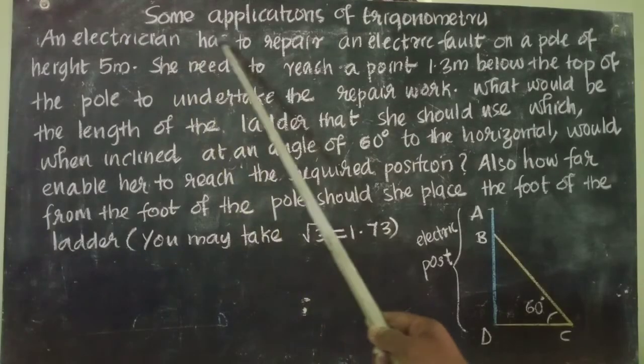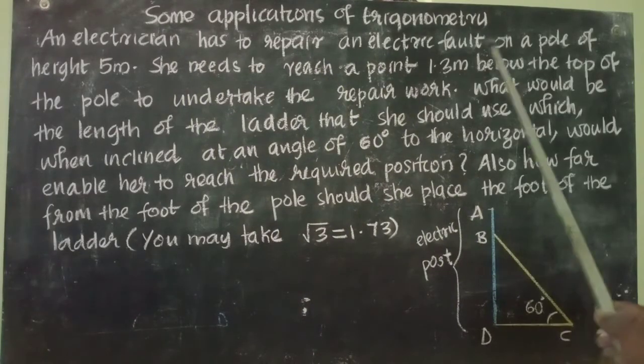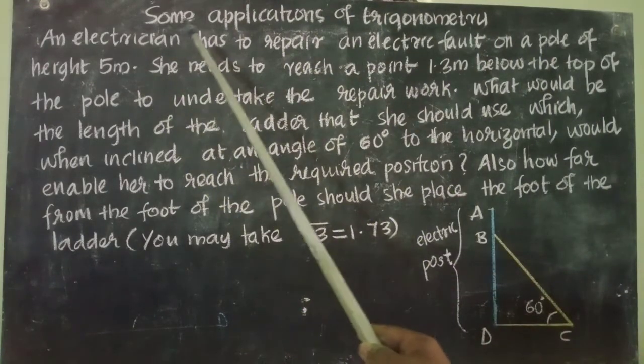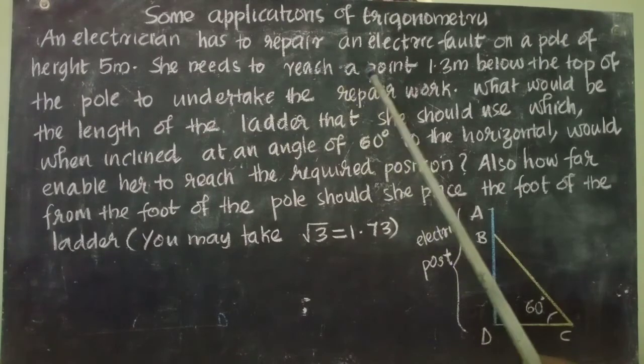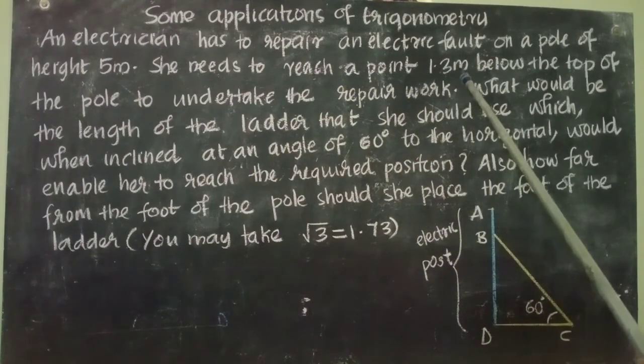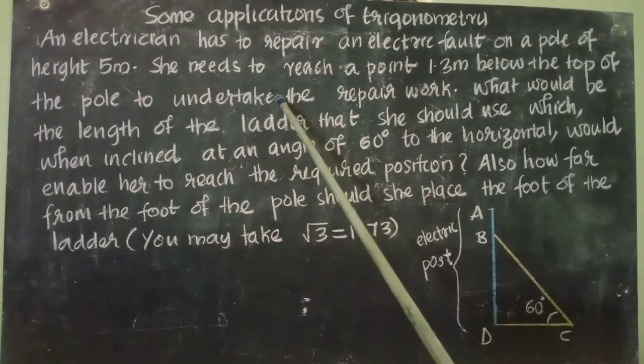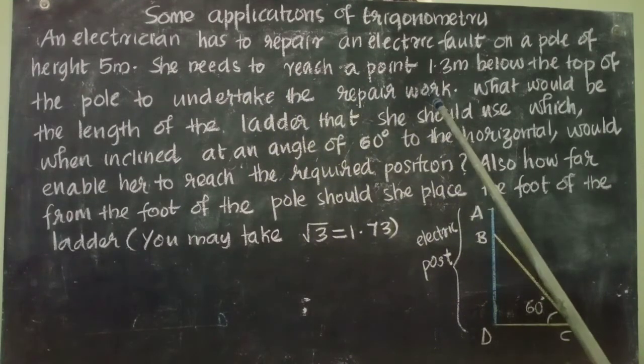An electrician has to repair an electric fault on a pole of height 5 meter. She needs to reach a point 1.3 meter below the top of the pole to undertake the repair work.